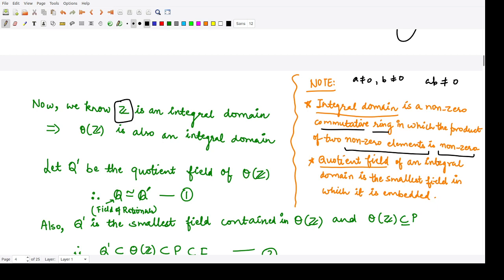The quotient field of an integral domain is the smallest field in which it is embedded. So this is the result.